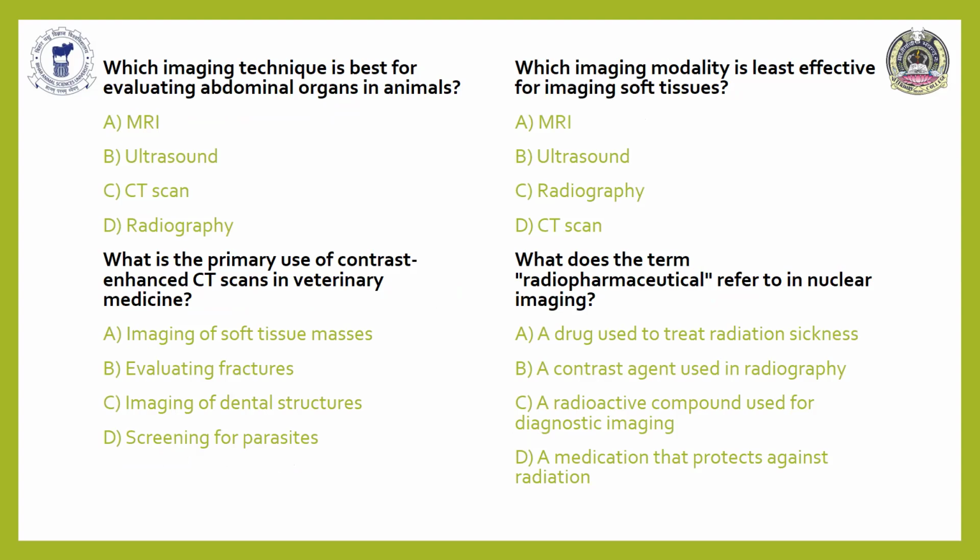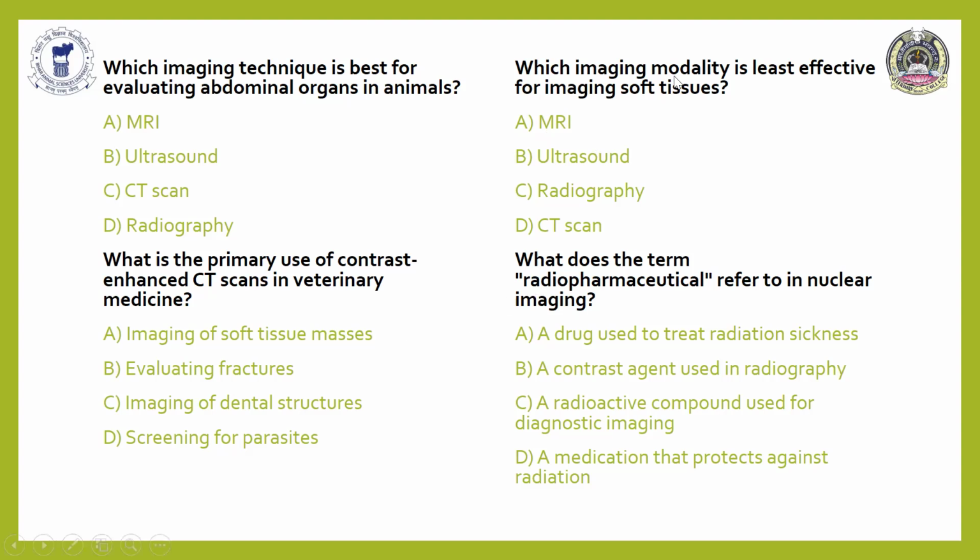What is the primary use of contrast enhanced CT scan in veterinary medicine? Imaging soft tissue. Look, this is another term. It is not a simple CT scan. It is contrast enhanced. So it is used for imaging of soft tissue masses.